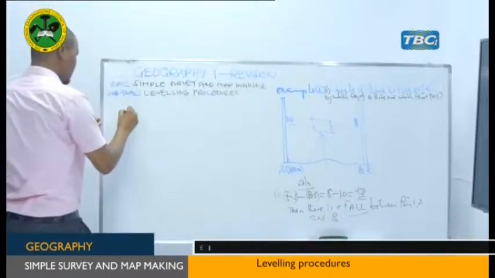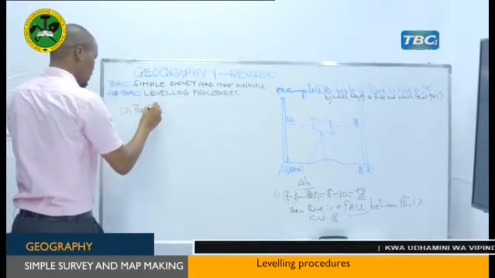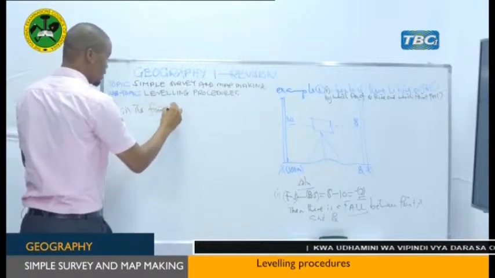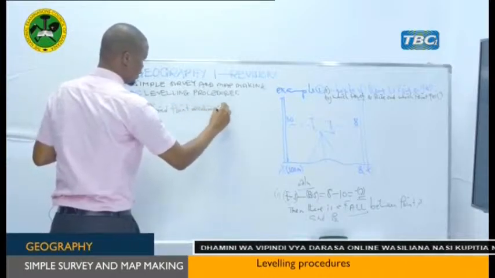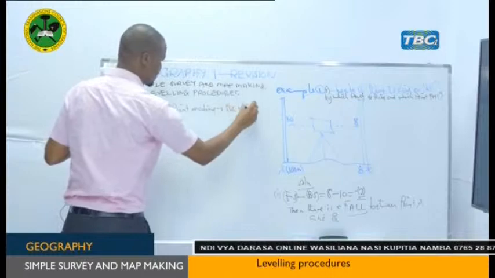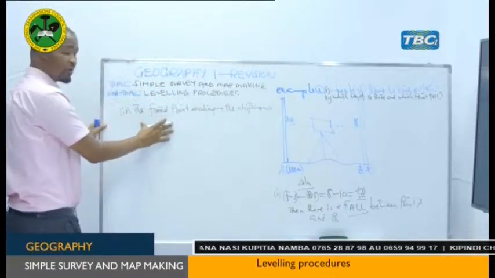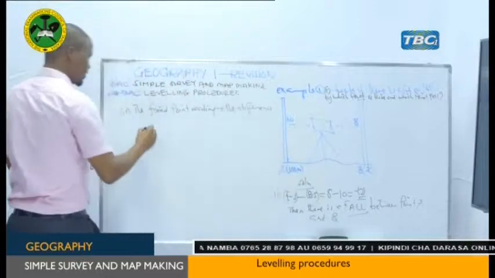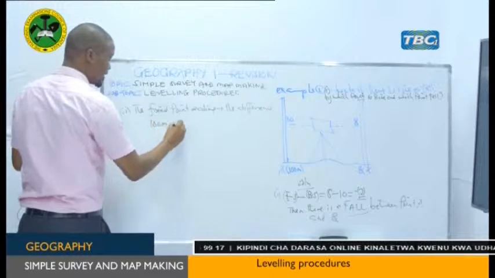So for the second question, we take the fixed point reading plus the difference. The fixed point reading on the ground is 100. This is our fixed point reading plus the difference.